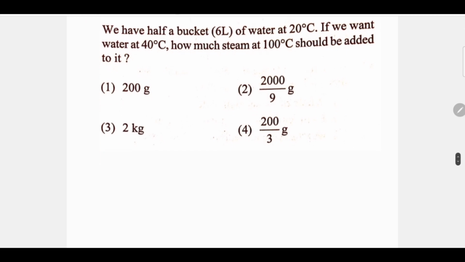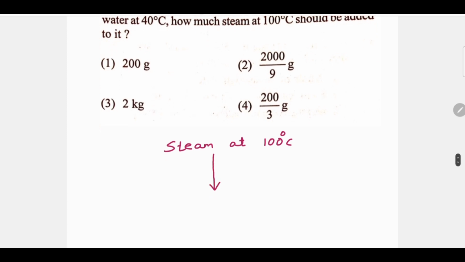So in this question, we have steam at 100 degrees Celsius. It's better to think like this. Now it is going to lose heat. So steam at 100 degrees Celsius will get converted to water at 100 degrees Celsius first. So there we can write the relation M into latent heat of vaporization.